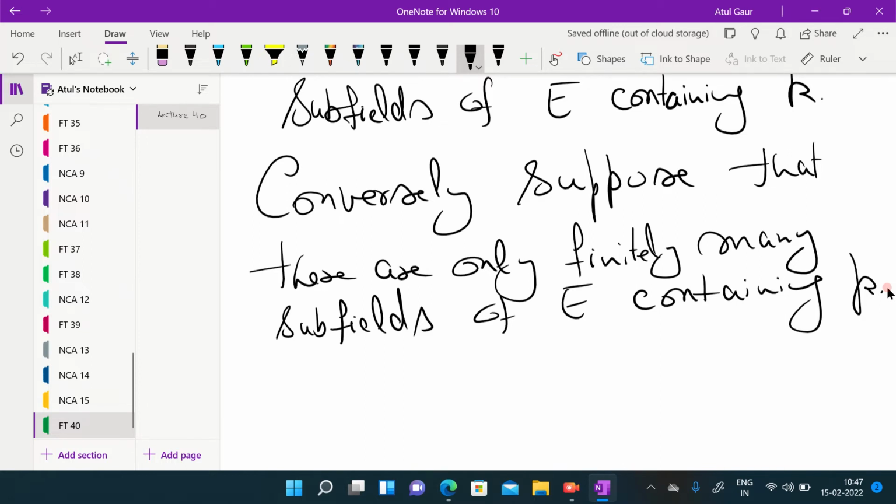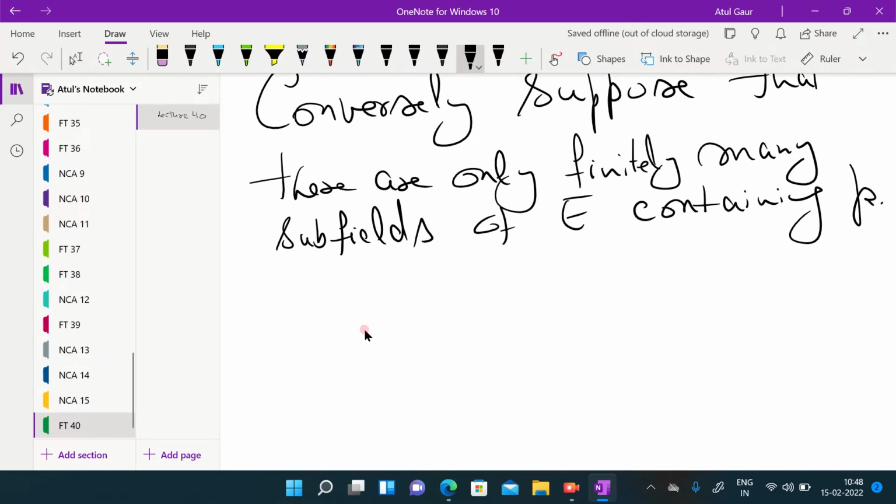So there will be finitely many generators of F over K. I mean the point is F can be obtained by adjoining finitely many elements to K. The extension is finite, so suppose v1, v2, ..., vn is the basis, तो ये basis के element को आप K पे adjoin कर दोगे, you will get F. Is that fine? Yes, sir.